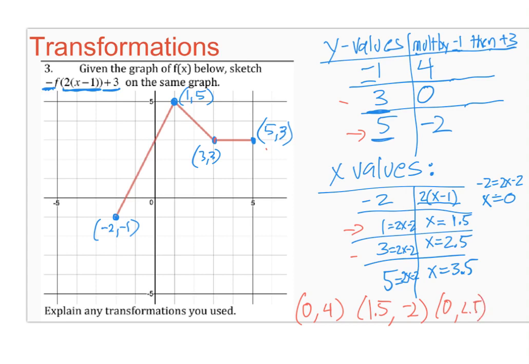And 5, 3 is going to be, sorry, I totally screwed that one up in terms of the x and the y. 2.5, comma 0.